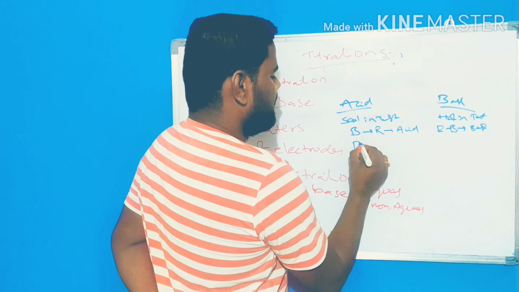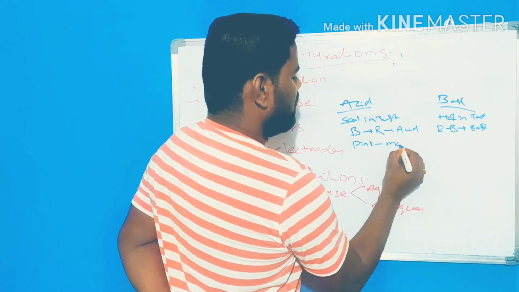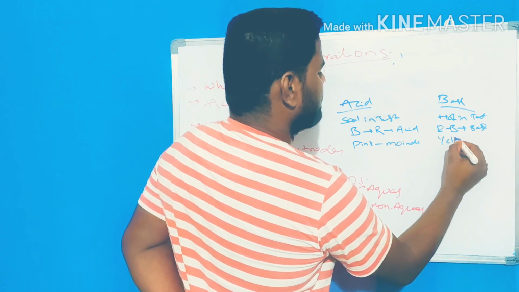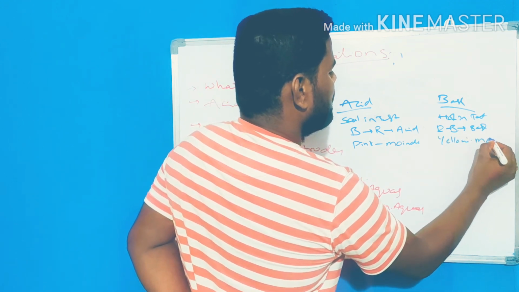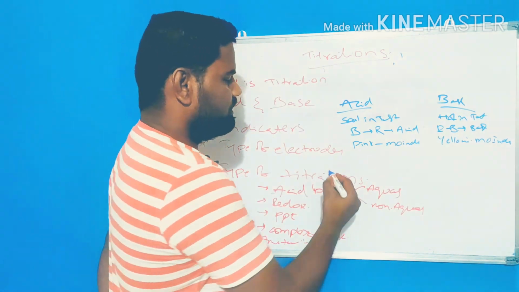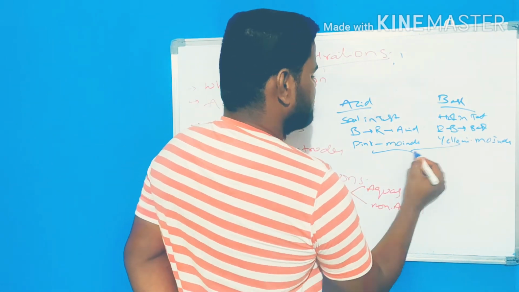Acid gives pink color with methyl orange indicator. Base gives yellow color with methyl orange indicator. These both are good conductors.